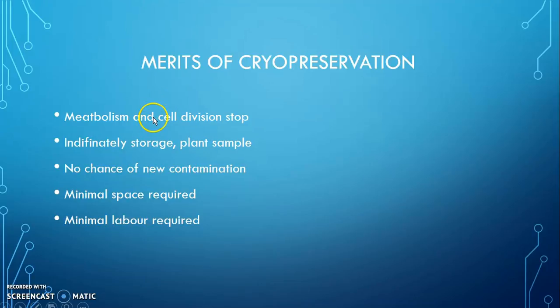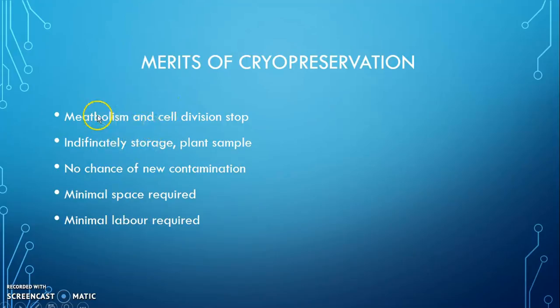At this temperature, let's say in liquid nitrogen, the metabolism and the cell division are frozen, and then the plant can be saved.